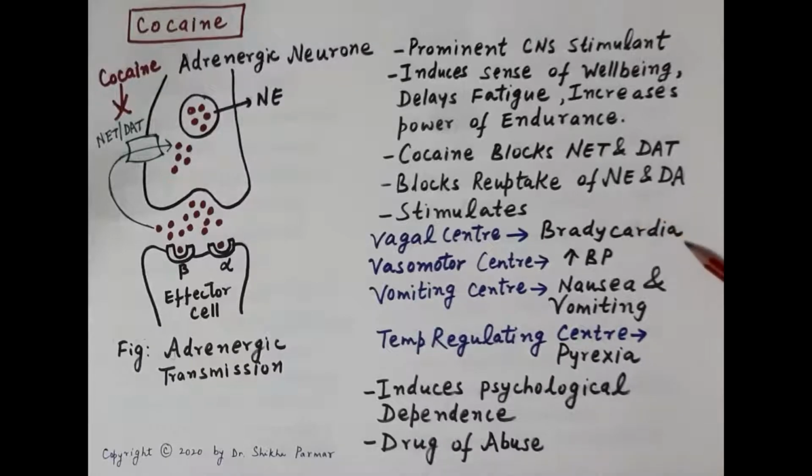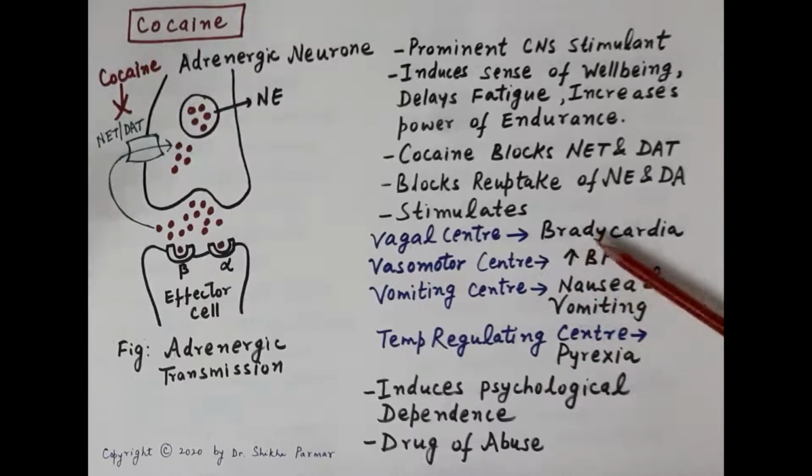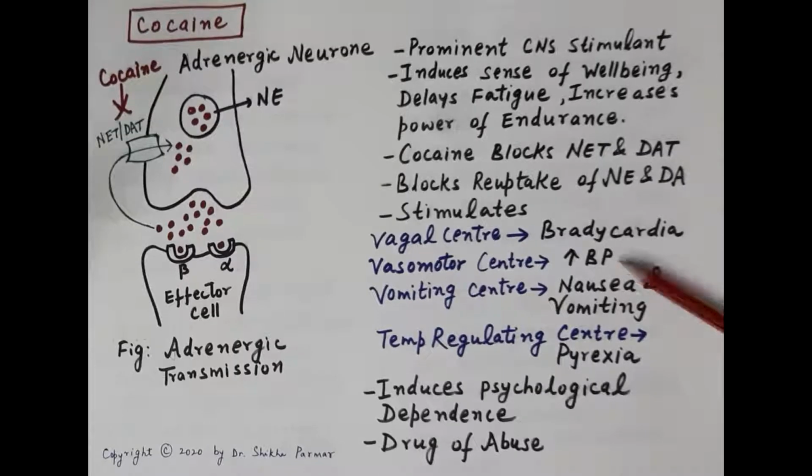It also causes stimulation of the vagal center, resulting in bradycardia. Now these centers are present in the medulla oblongata. So cocaine can also stimulate the vagal center, resulting in bradycardia. It can stimulate the vasomotor center, which causes vasoconstriction, that is the constriction of blood vessels, which results in increase in blood pressure.